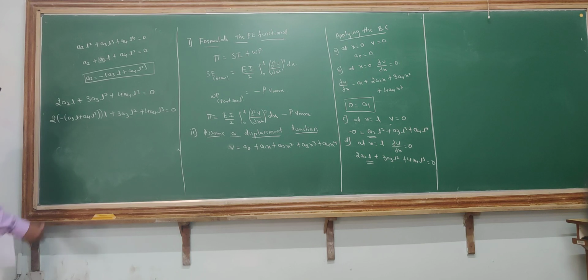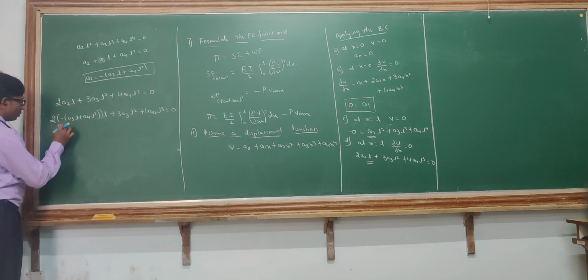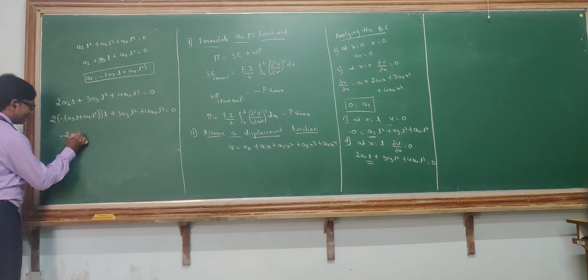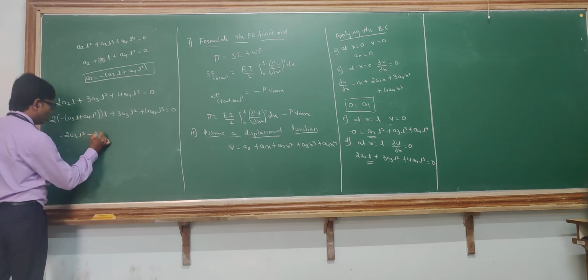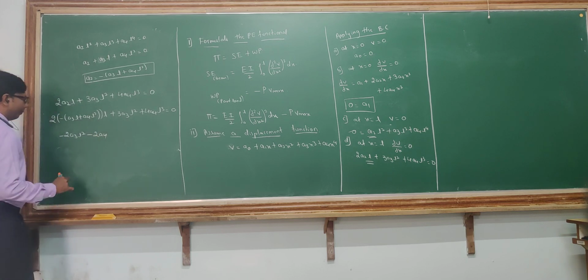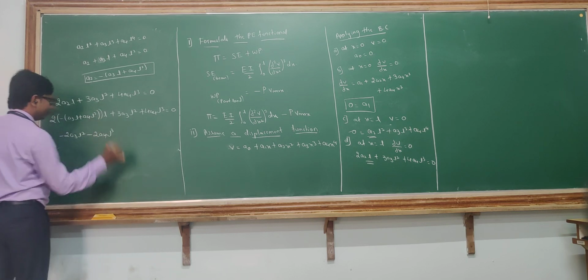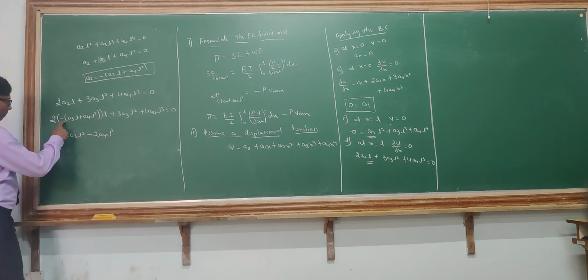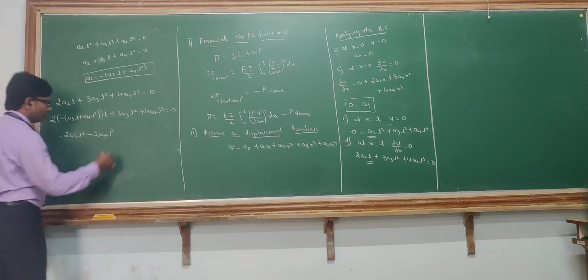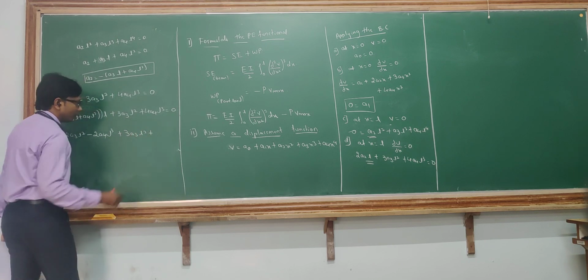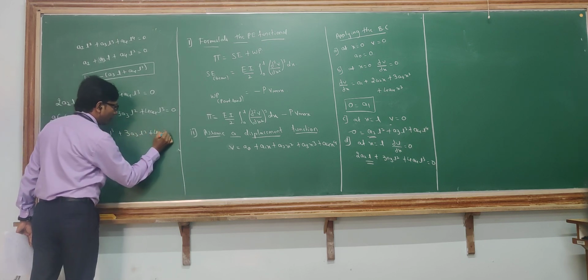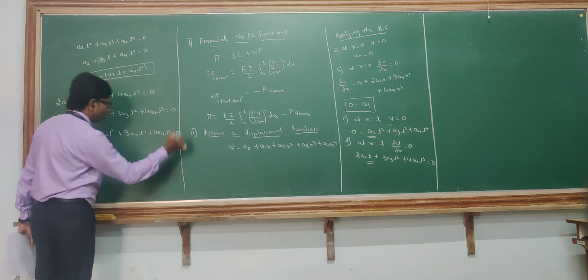So if you solve this, what you will get? So this becomes minus 2A3L square if I multiply this, and this becomes minus 2A4L cube, correct? Minus 2A3L square and minus 2A4L cube plus 3A3L square plus 4A4L cube should be equal to 0.